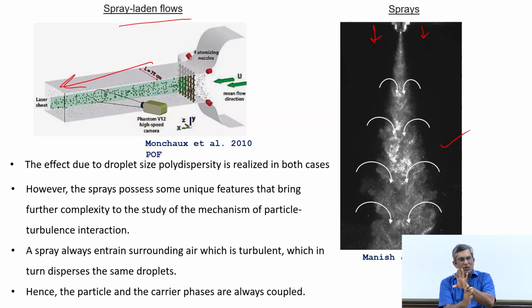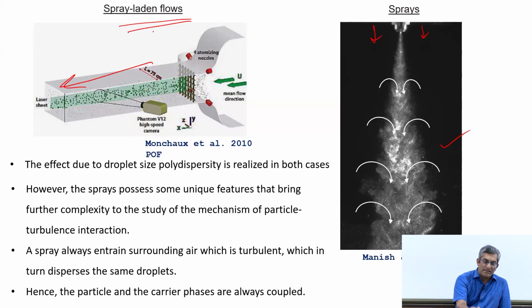So I keep the airflow rate the same, and use more and more nozzles such that the mass loading ratio increases. That is possible. And in this case, we can create a situation such that it is one-way coupled, because if the loading remains below a certain level, it is one-way coupled. But that is not possible here.